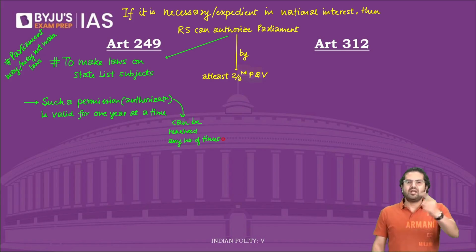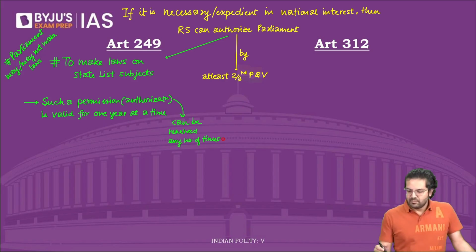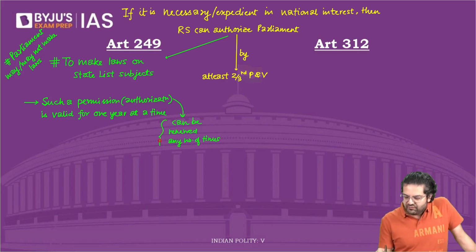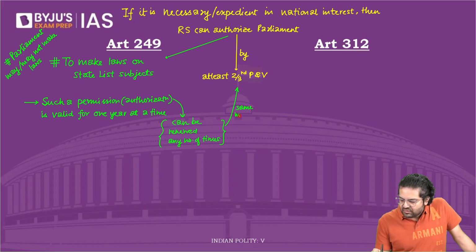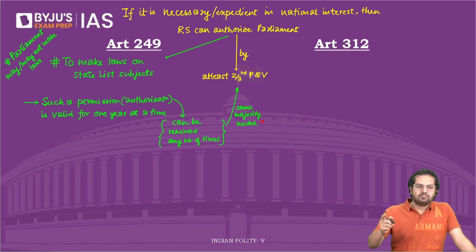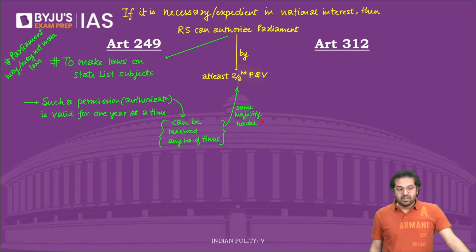After 1 year, again permission if you want to use it. Same thing here. 1 year permission to make laws. If you don't make laws, sorry, permission over, chance over. If you want to still make laws, Rajya Sabha has to again give permission. Can be renewed any number of times. The only condition is same majority is required. Every time. Clear?